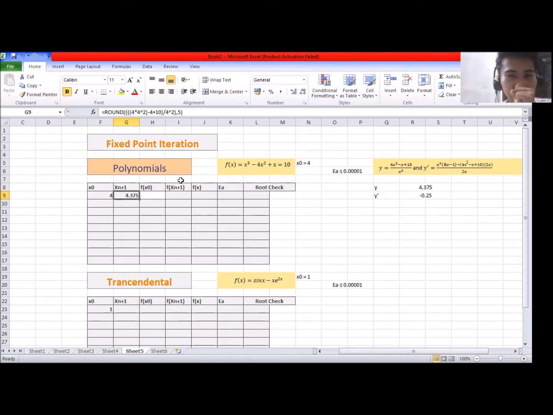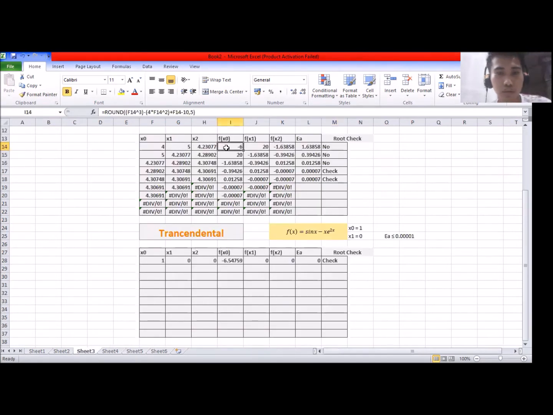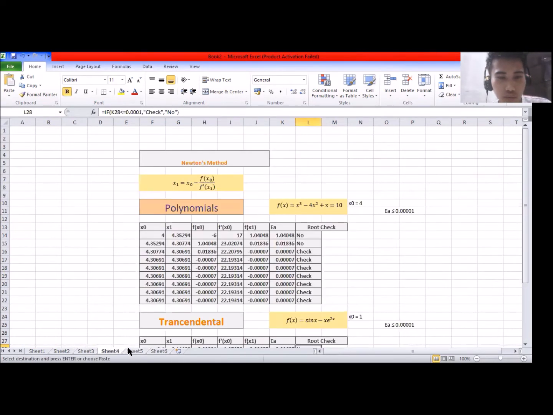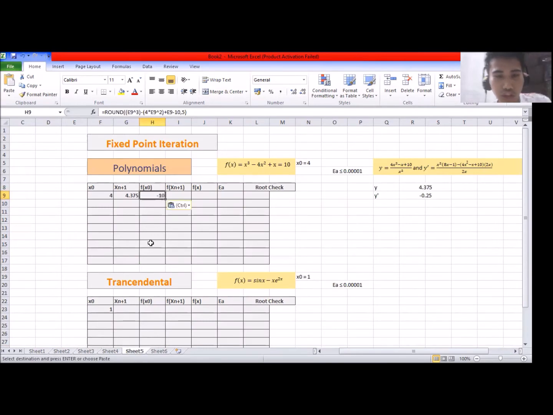Then this is how to get the function. So here we have the function x of 0 equals to -10. Then here we have the function of x of 1.